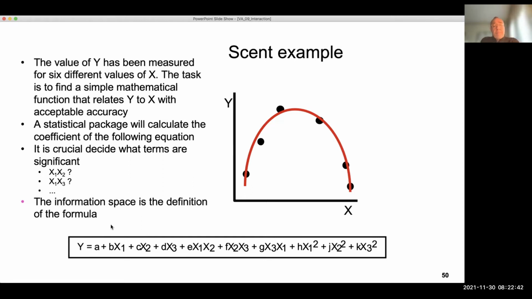And you have a lot of possible combinations of that. And what are the significant terms? X1 by x2, x1 by x3, and here the information space you are looking at is the definition of the formula to find out the coefficients and the right terms to put inside the formula. And we are thinking about not expert users.